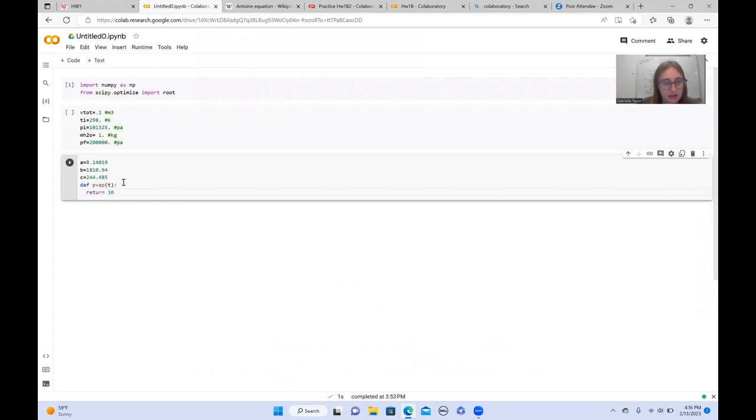So it's 10 to the, A minus B divided by, and we're going to subtract 273 from T because Antoine's equation is in millimeters of mercury and Celsius, and we have Kelvin right now, so we have to convert that.